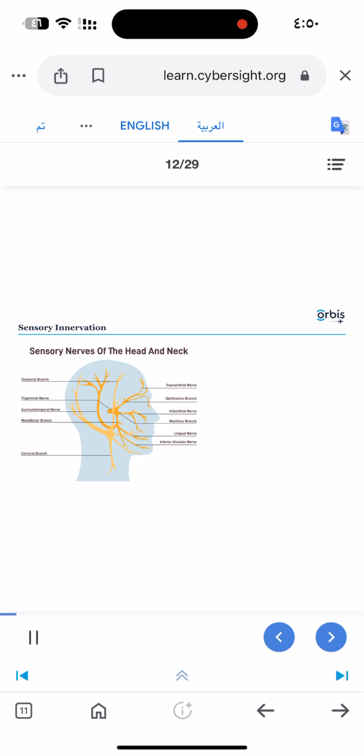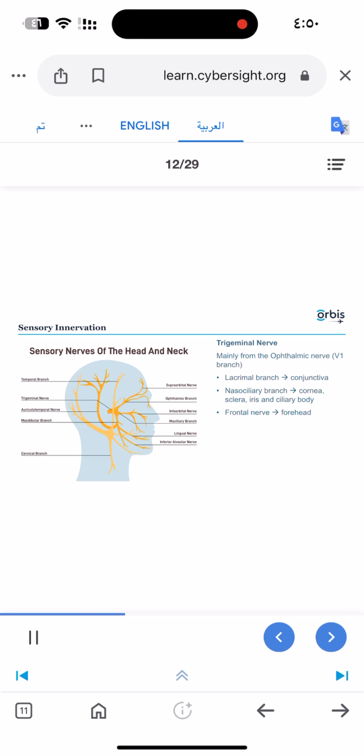Now we will look at the sensory innervation of the eye. This is provided by the trigeminal nerve, with the main innervation coming from the ophthalmic branch, with the lacrimal branch of this nerve innervating the conjunctiva, the nasociliary branch, the cornea, sclera, iris, and ciliary body, and the frontal nerve, the forehead above the eye.